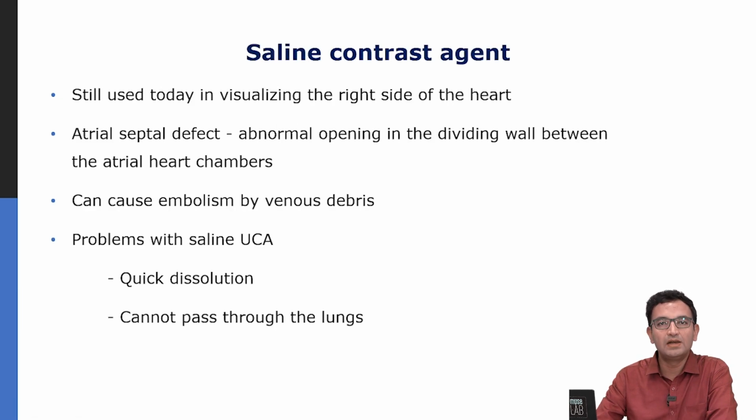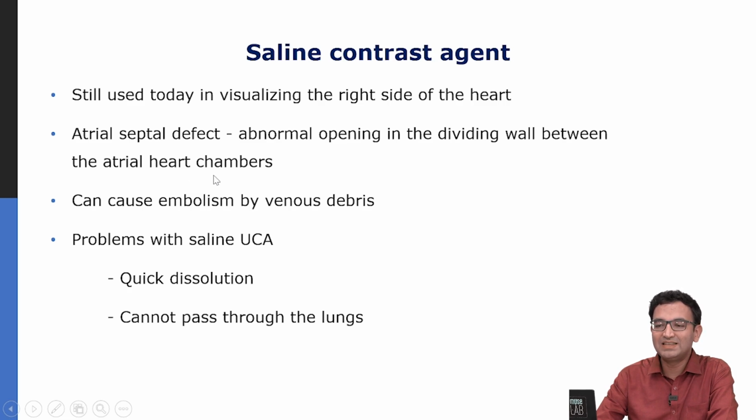There were many other early contributors to the development of ultrasound contrast agents, but let us discuss this saline contrast agent. To create it, the clinician would agitate saline so that microbubbles are formed, and it is still used today in visualizing the right side of the heart. There is an atrial septal defect, which is an abnormal opening in the dividing wall between the atrial heart chambers.